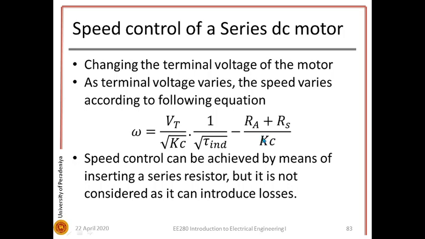So basically what we do in this method is that we will use a resistor in series with the supply to control the speed. But when you insert a resistor, that is going to generate heat, increase the heat dissipation, which is going to reduce the efficiency of the machine.